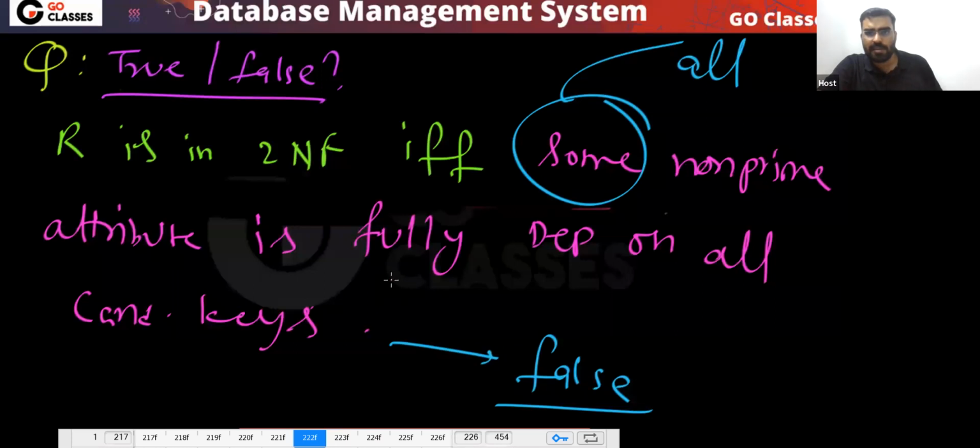Is this clear? This must be all. This is the definition of 2NF: all non-prime attributes must be fully dependent on all keys.